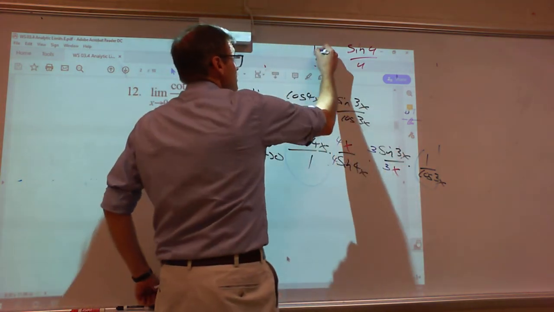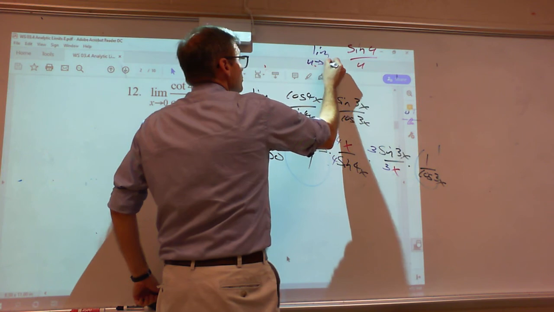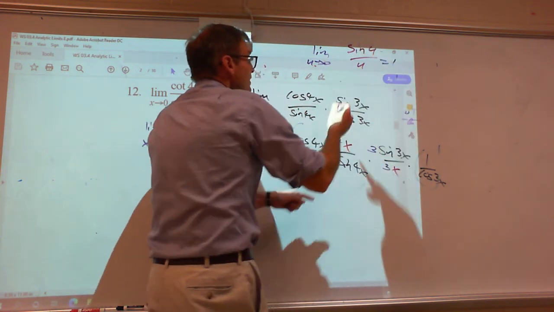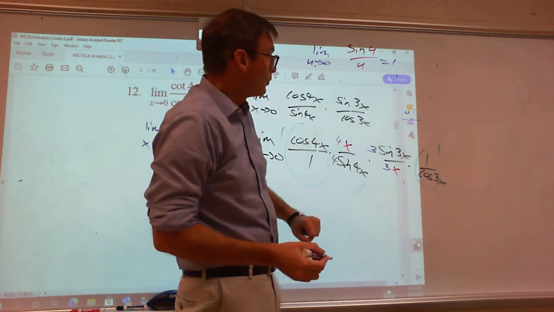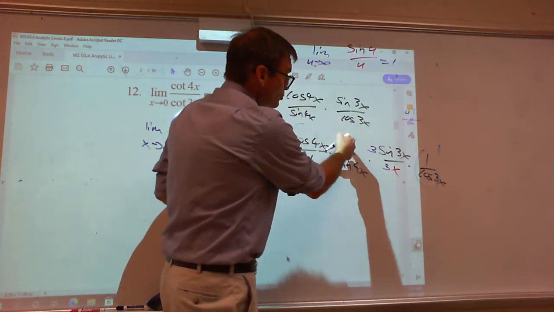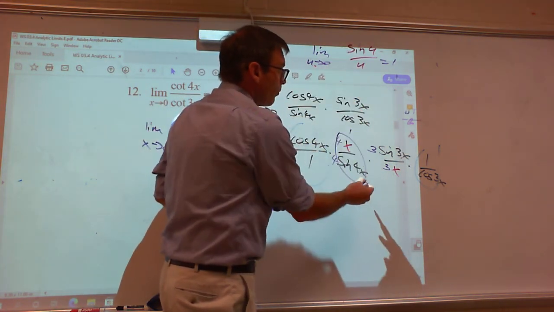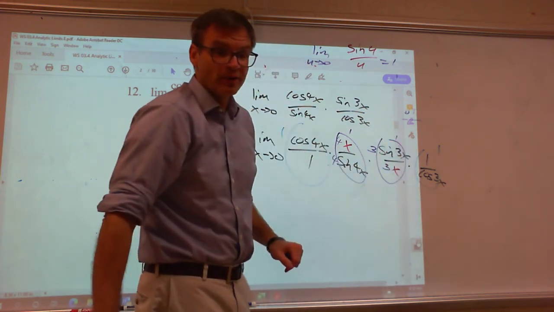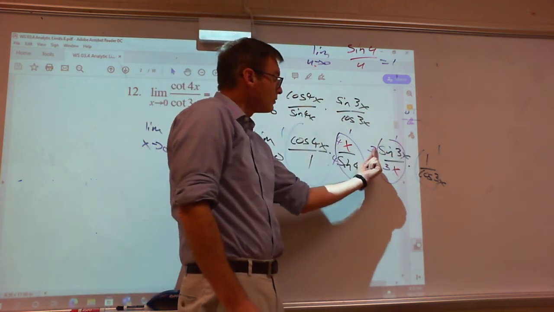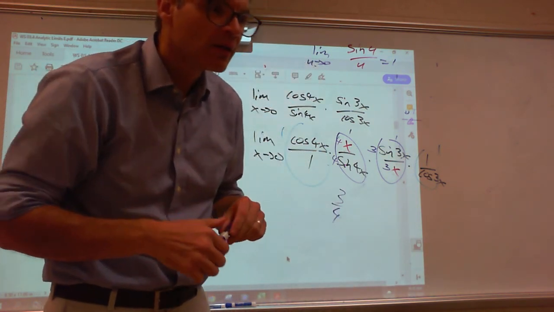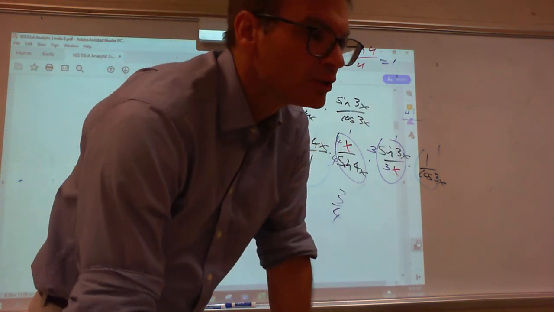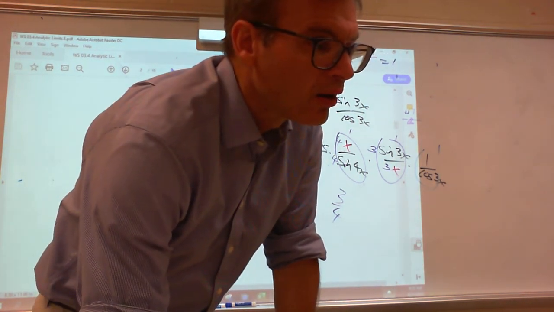And our trick is, the limit as u goes to 0, anytime you have sine of stuff over stuff, this becomes a big fat 1 as long as those are going to 0. Well, these are going to 0, so this becomes a big fat 1, and this becomes a big fat 1. And what's left over is the 3 over 4. Okay, so that's 12. Wow.